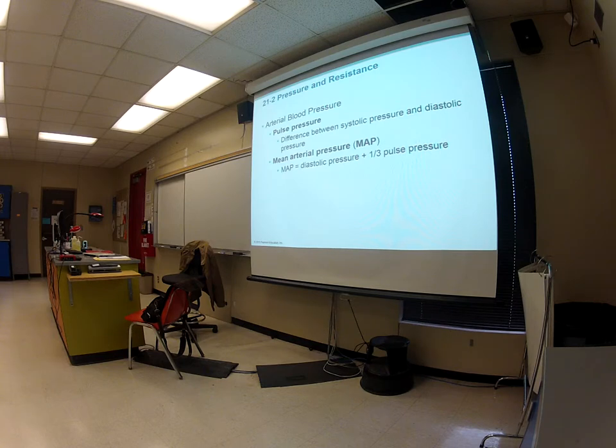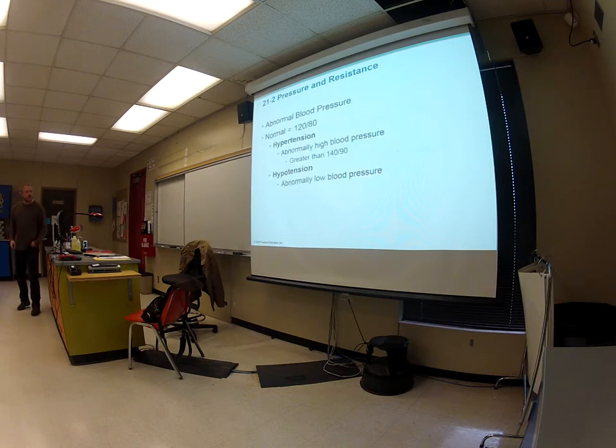It's an odd mathematical problem, but the reason they do it is because when you hear about mean pressure, or MAP, they're going to talk about it because it's a constant pressure. And they're going to talk about it not only for the rest of this chapter, but also in urinary. So try to get used to what it means.